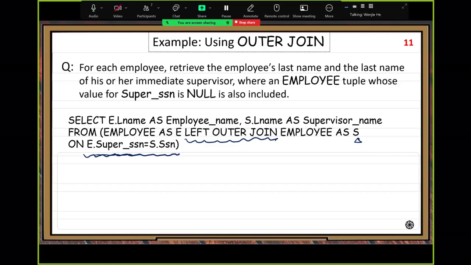But if you use the outer join understanding to write the query statement, you can write it in a very efficient way. So I will show you such an example.